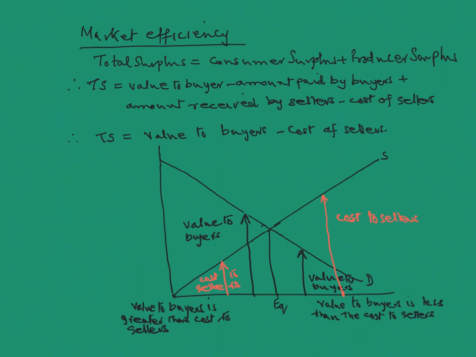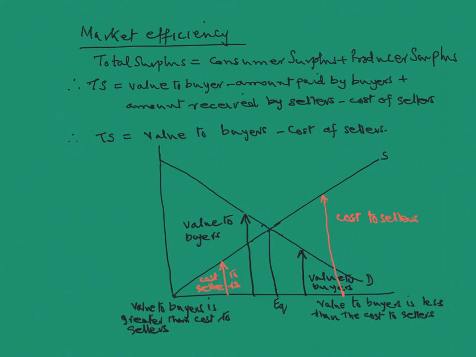Resource allocation is said to be efficient if total surplus is maximized. The free market equilibrium price and quantity is efficient because it maximizes total surplus.